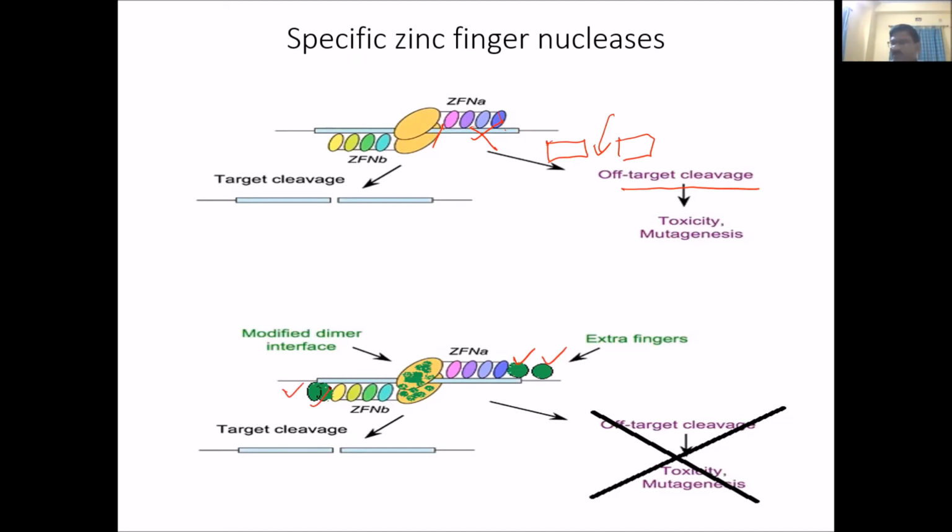And after this modification, that means creating some extra fingers, these zinc finger nucleases will no more cleave at any off-target regions of the DNA. So if there is no off-target cleavage, there is no chance of insertional mutagenesis here.